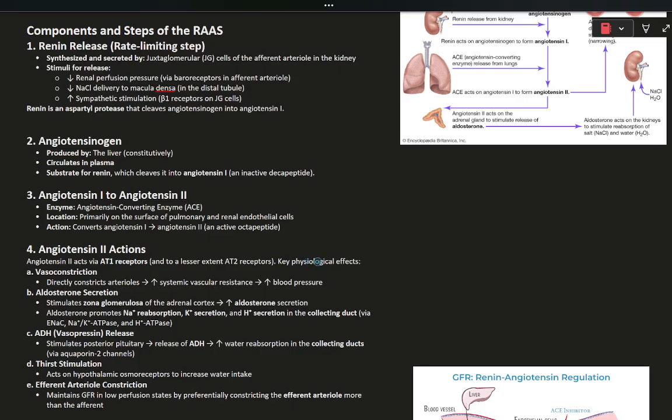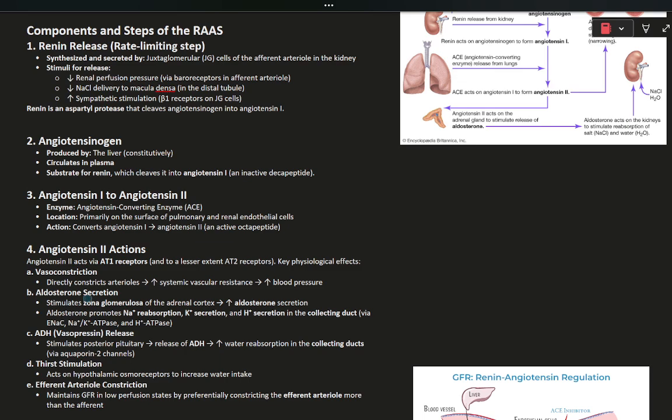The key physiological effects include the following. Once the angiotensin 2 acts on the AT1 or the AT2 receptors, first there is vasoconstriction, where the arterioles are directly constricted. This is going to lead to increased systemic vascular resistance, thereby leading to increased blood pressure.